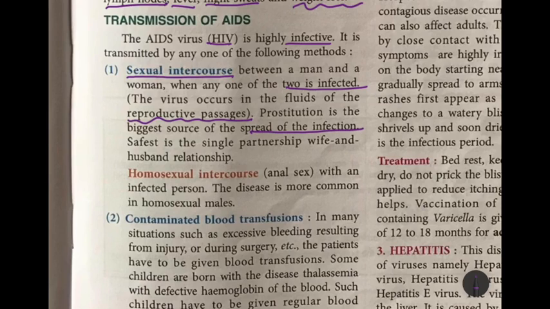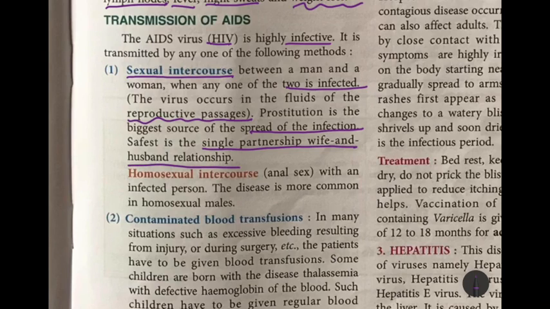When a man has multiple partners for sexual intercourse, and if the woman is HIV positive, it will pass on to the male as well. So safest is a single partnership, a wife and husband relationship.